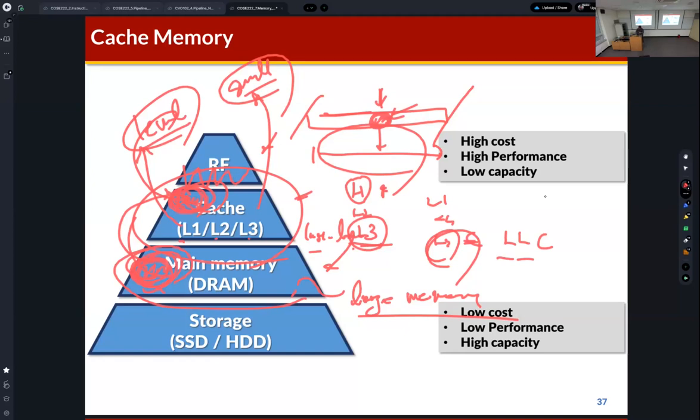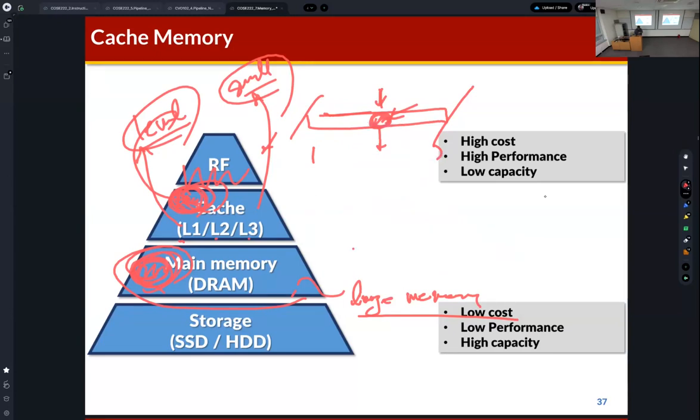And as I mentioned, the cache is automatically managed by hardware, not software. You can find memory instructions like load and store. If the load instruction is executed, data is read from the memory and transferred to the register file.